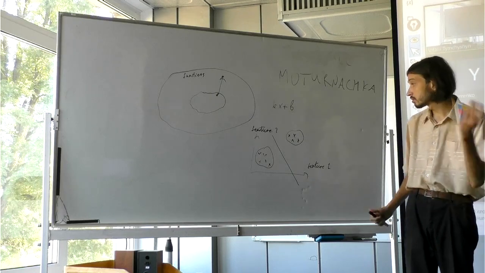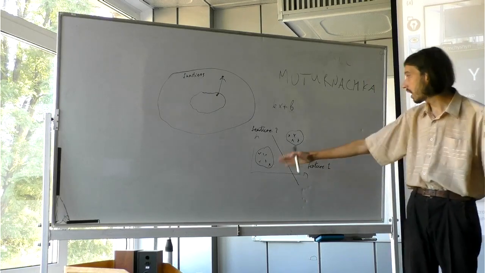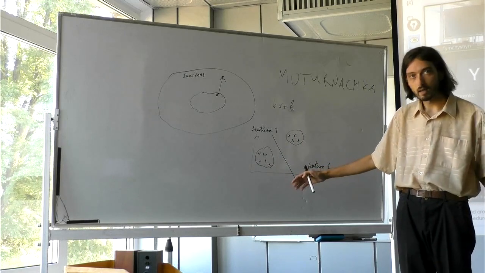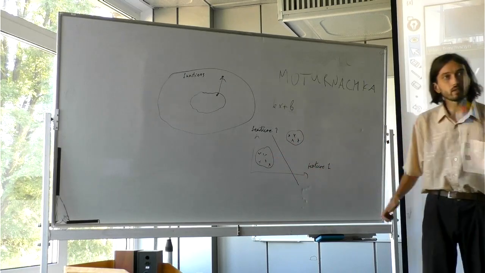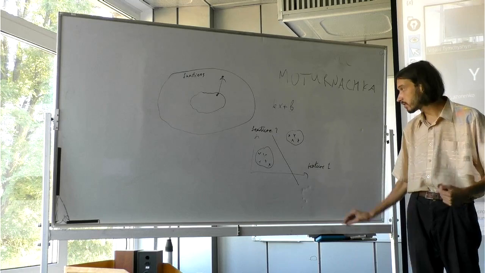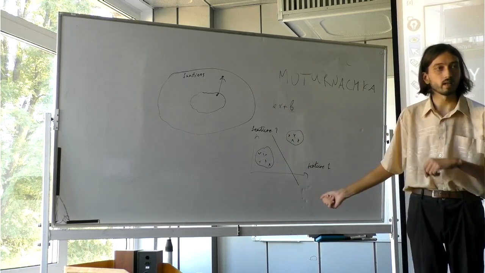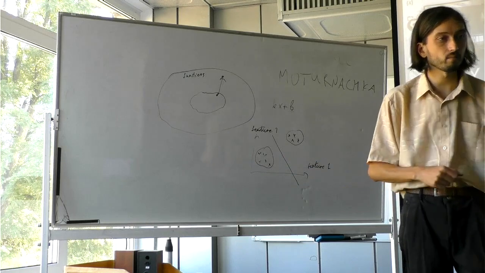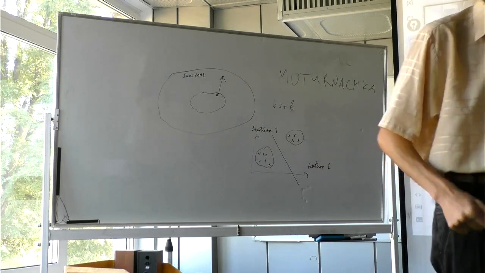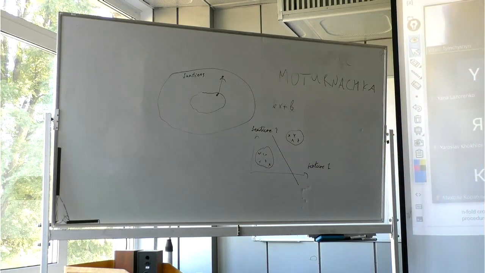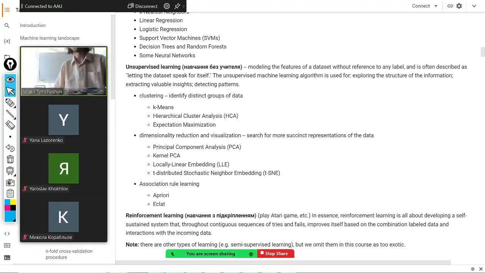You may not even tell it how many clusters there are. But it finds these clusters and then it's able to classify new points that are coming in based on the previous data. So that's an example of unsupervised learning. There are many other methods, like dimensionality reduction I have mentioned before.